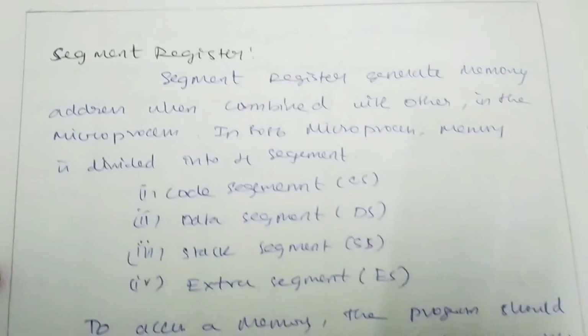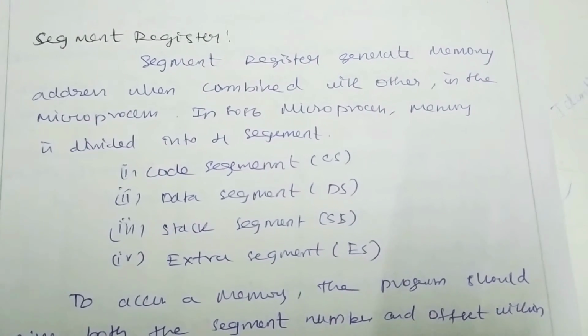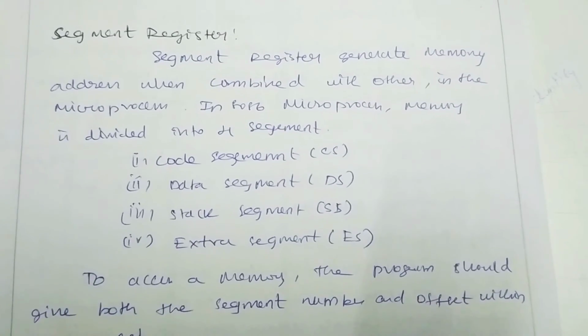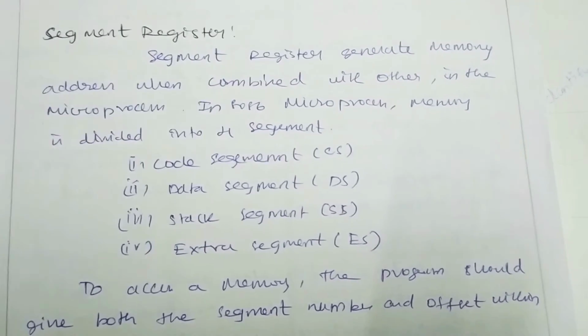Another is the segment registers. I already told you about the segment registers. There is a code segment, data segment, stack segment and extra segment. The segment registers are used to generate the memory address.